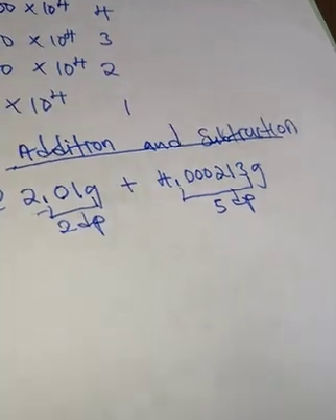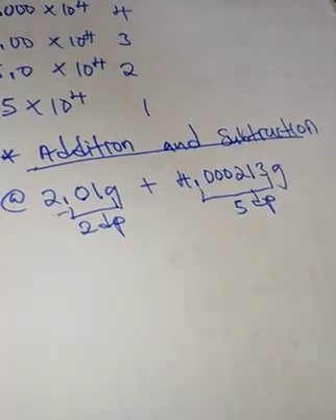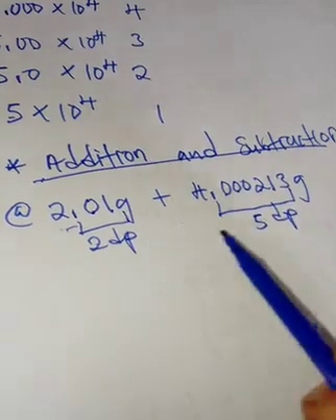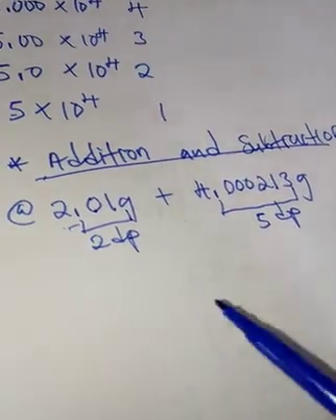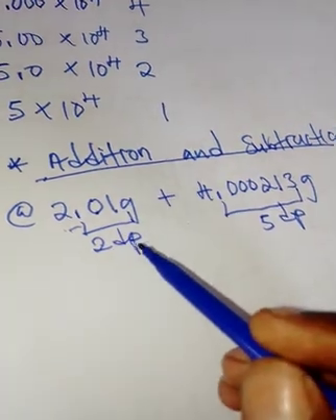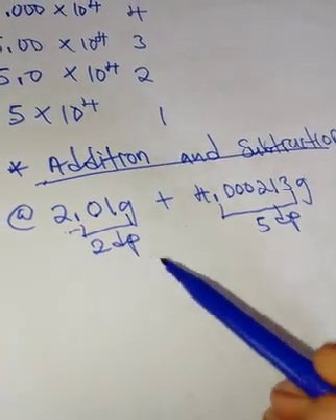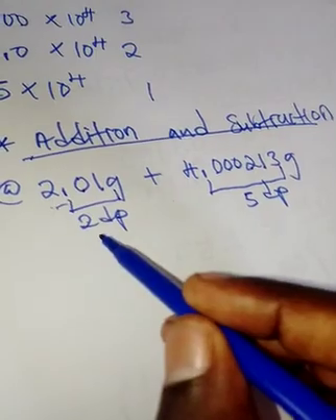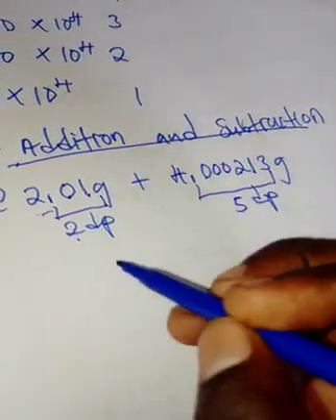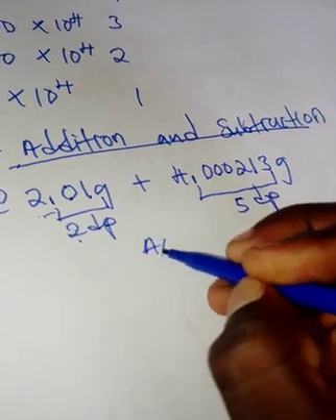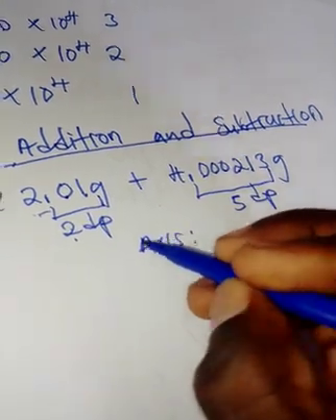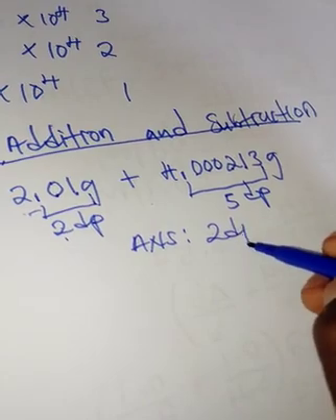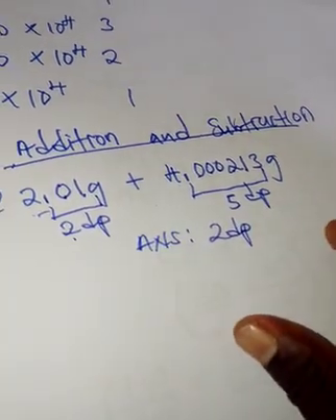After adding these, the final answer should contain the least decimal places. The least between 2 and 5 is 2, so the answer should be written correct to 2 decimal places. That's the rule to follow.